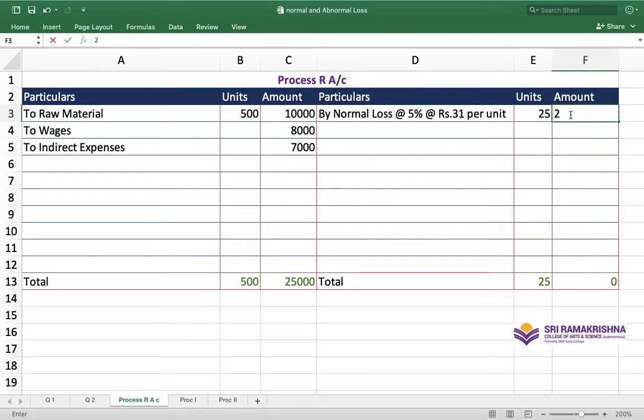So 25 into 31, it will be sold for 775. The balance will be transferred to process S account.